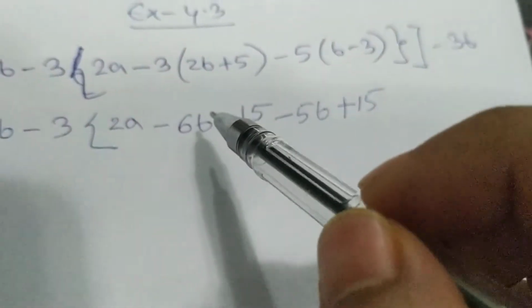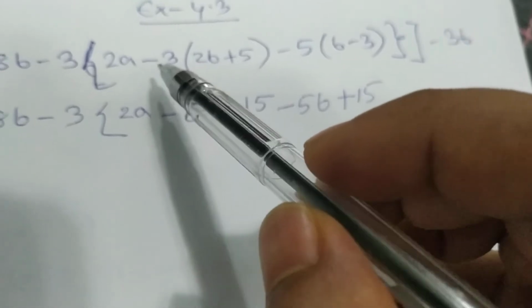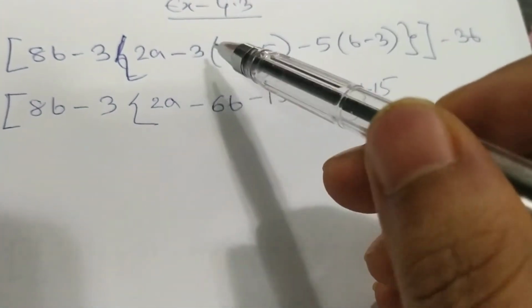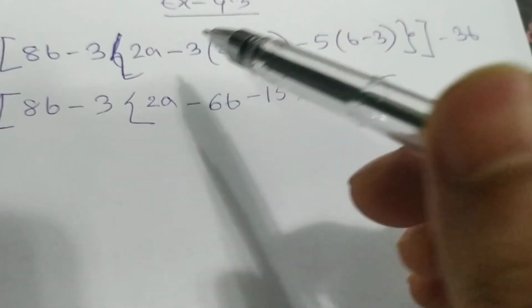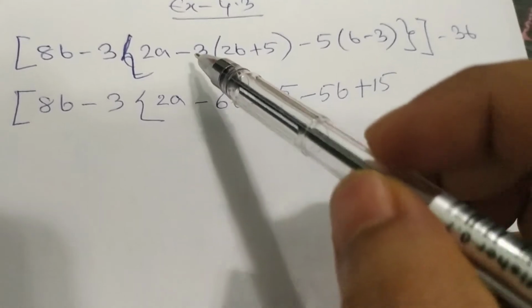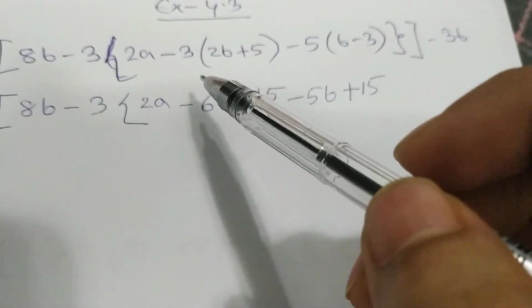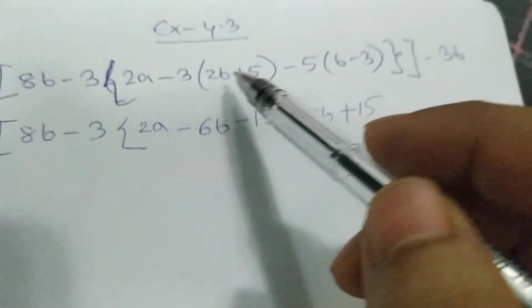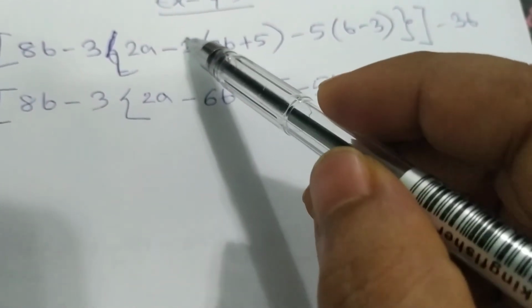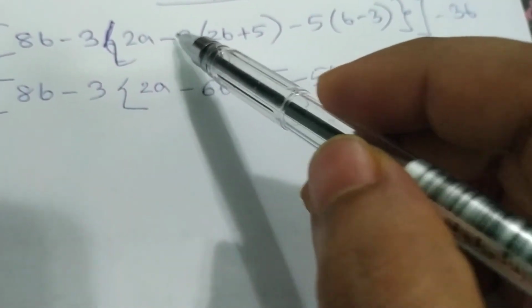So what I have done over here is you need to remember the fact that we need to consider the signs. Most of you would make this mistake, that is not multiplying the signs. Always remember that you need to multiply the signs properly. Like minus 3, I can't only consider this 3.